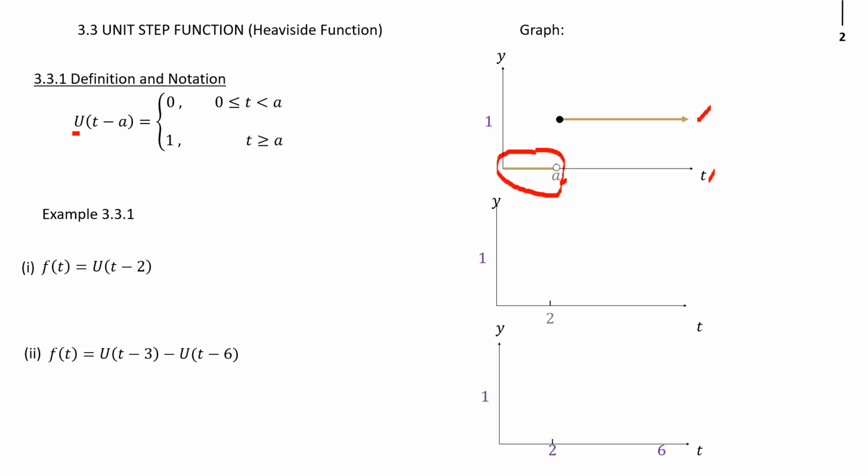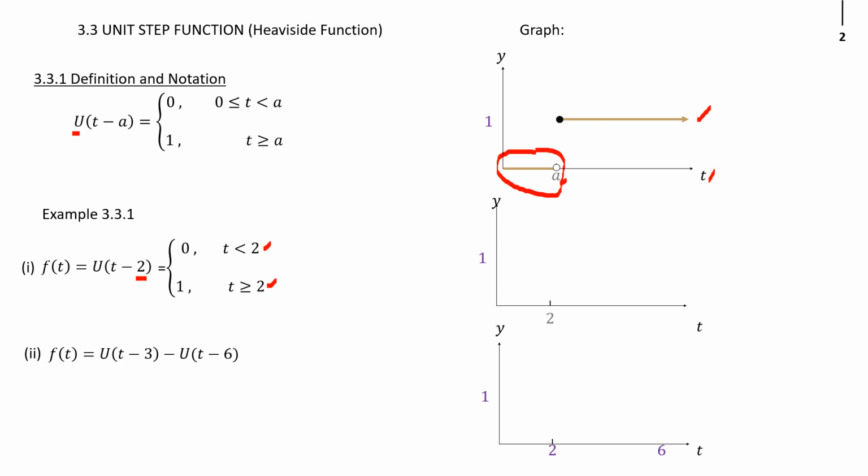Now, look at example 3.3.1. f of t equals u of t minus 2, and we construct the piecewise function, where we know that a here is 2. So we have 2 here, and if t is greater than 2, y is 1.